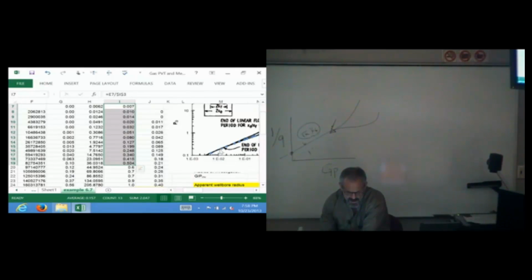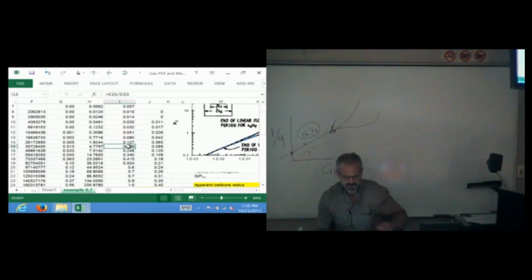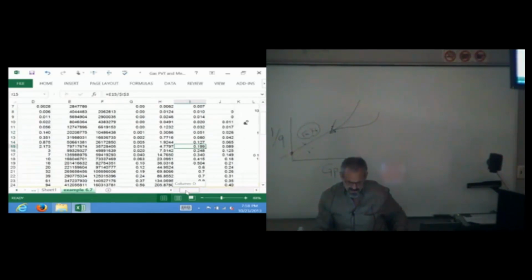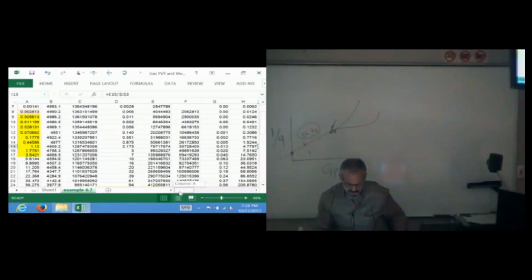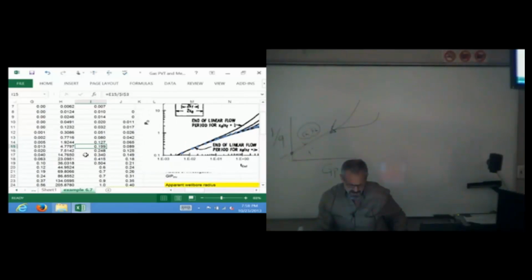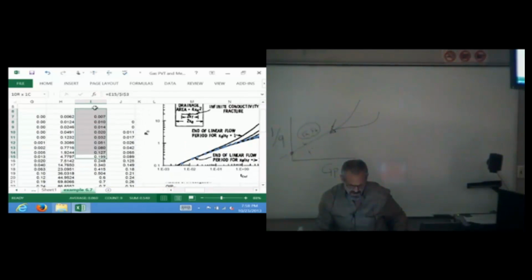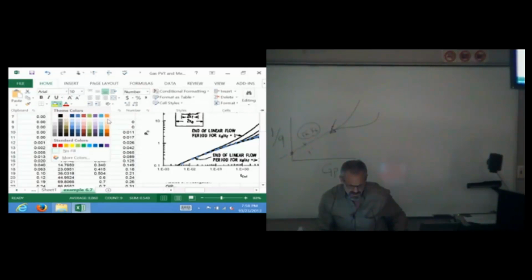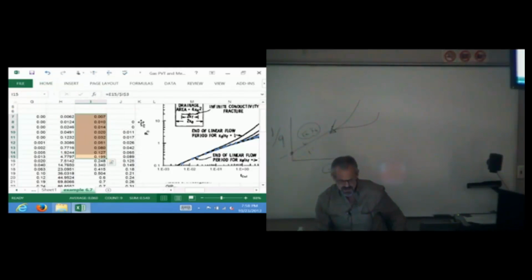Okay, and this point right here I'm going to roll over is 0.01199. It's this point right here. So my linear flow period, why have I got this data highlighted? Should be this, should be linear flow. Let's get a different color. That should be my linear flow period.